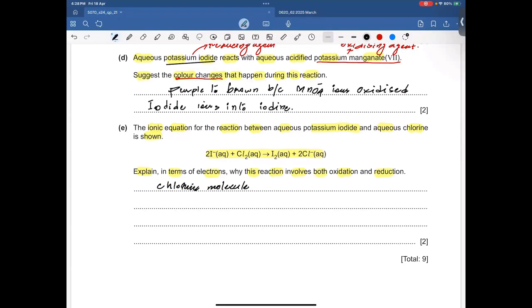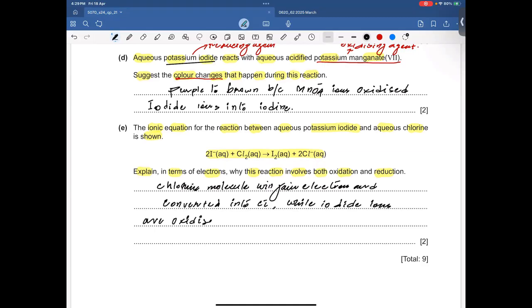Chlorine molecule will gain electrons and convert into chloride, while iodide ions are oxidized into iodine due to the loss of electrons.